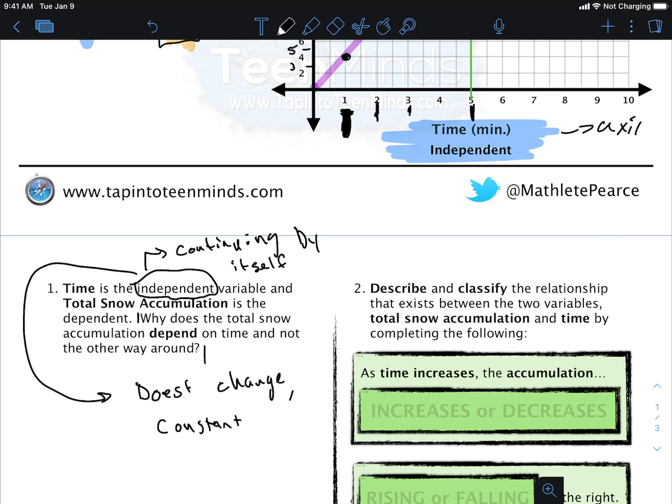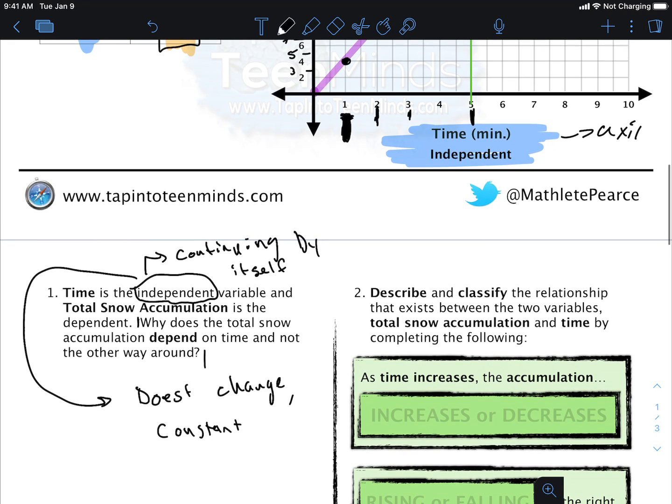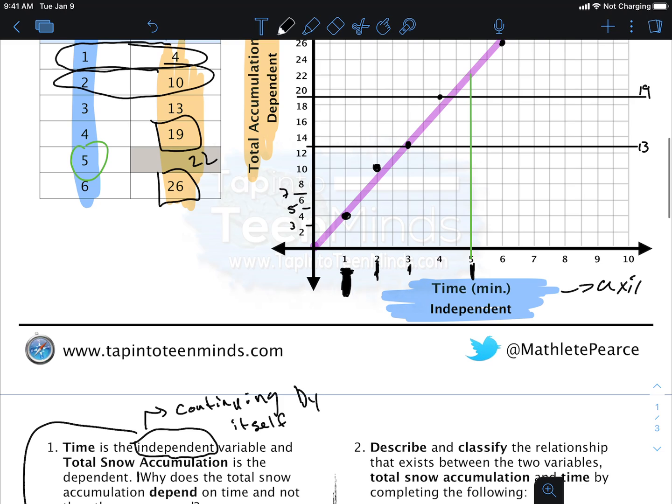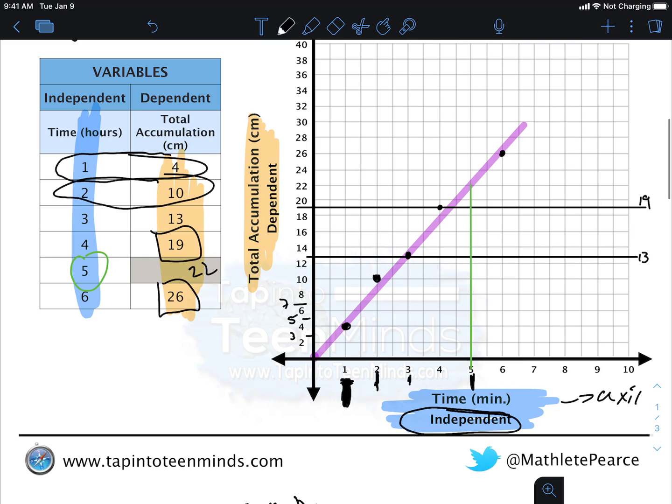Okay, can everybody see? If you turn the page over, did you guys have to turn your page over onto the back to see those questions? Okay, so go back on the bottom of the other page there, on your graph. That's why they've labeled those two things. One's independent and one's dependent. Do I ever change the order of these two things?